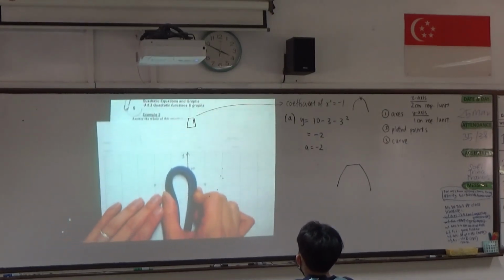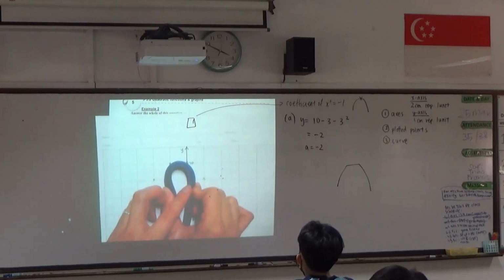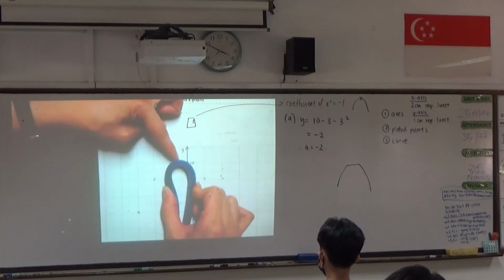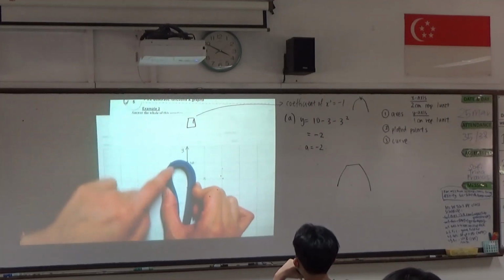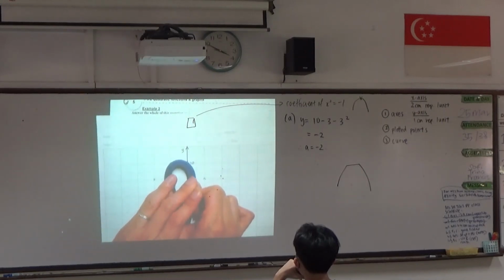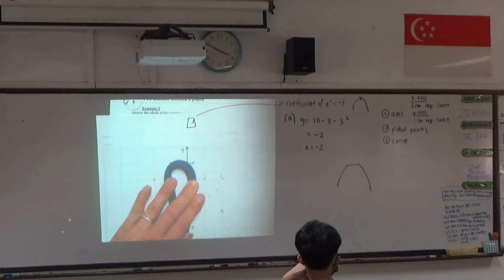I'm not sure whether you can see or not. So you see when I have my curve, my center, my highest point is where I expect my line of symmetry to end. So with that being settled, can I borrow a pencil?